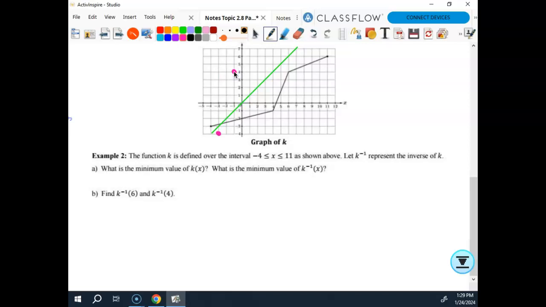This one is at 6, 4, so the inverse is at 4, 6. Well, I can't get it right, but close enough. This point is at 11, 6, so the new point will be at 6, 11, which is way off my graph, so I'm not going to worry about it. Then I can connect the dots.